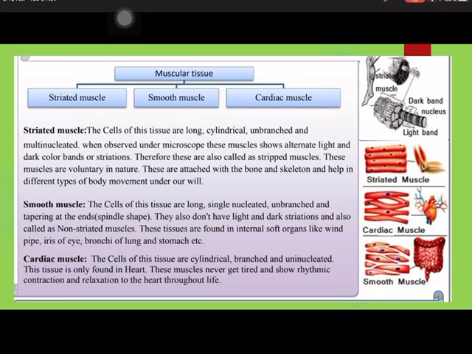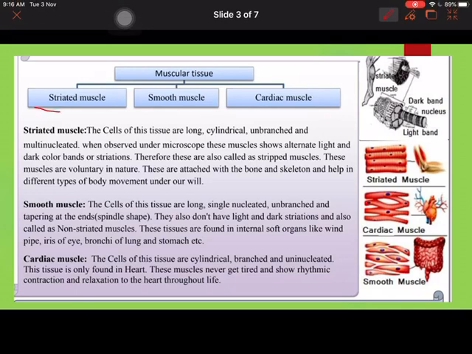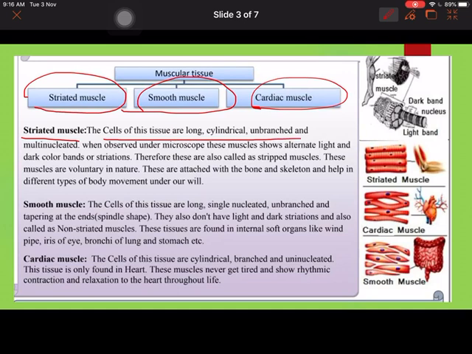Next, muscular tissue is of three types: striated muscle, smooth muscle and cardiac muscle. Striated muscles: the cells of this tissue are long, cylindrical, unbranched and multinucleated. These are the different points you have to remember.